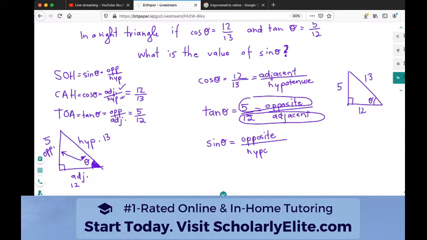And we already know those 2 side lengths. So we know that because we're solving for this particular angle, the opposite is 5, which we found out from our tan earlier. And we know that the hypotenuse is 13. So sine of theta is 5 over 13, because that's what the opposite over the hypotenuse is equal to.